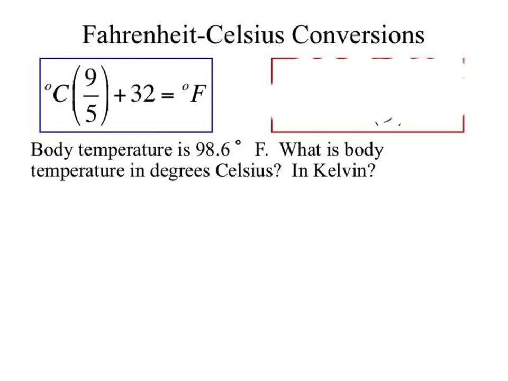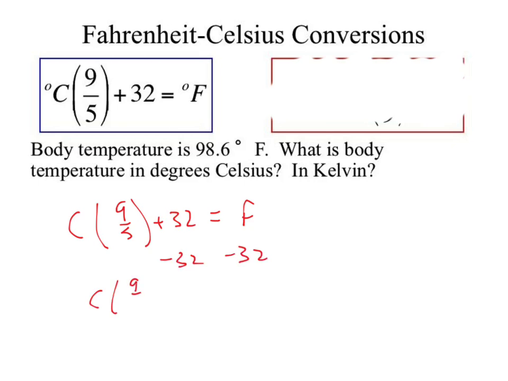Okay, so fancy words. What I believe those fancy words are ultimately saying is we're not actually plugging things in yet. We're taking our equation, subtracting 32 from both sides. So we get C times 9/5 equals F minus 32, and then C equals F minus 32 times 5/9.